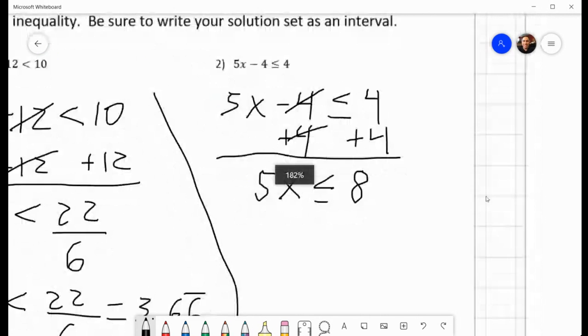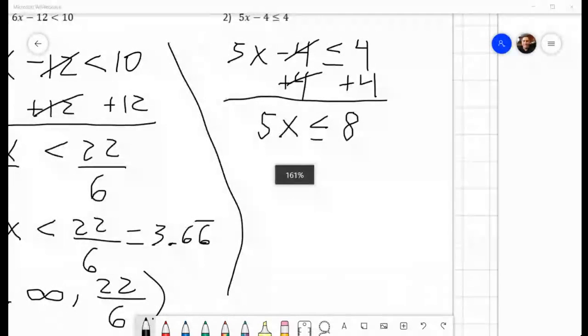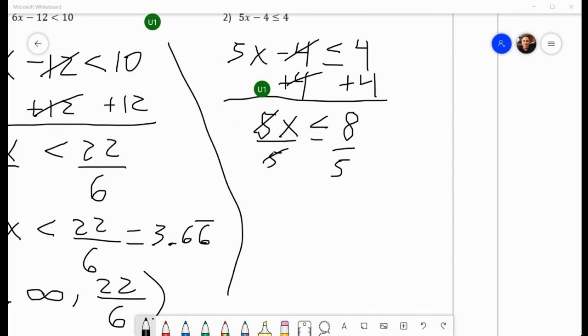But again, we don't want 5x, we want x. So we're going to divide like so. The x's cancel. So what we get is x is less than or equal to 8 over 5.